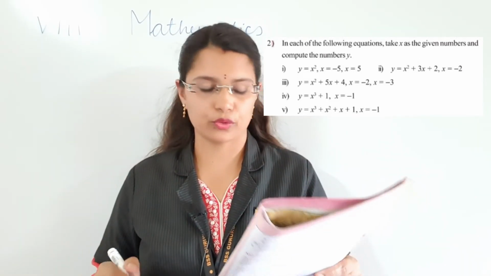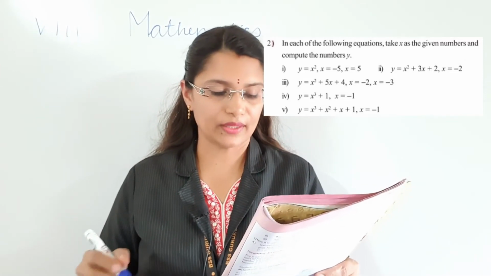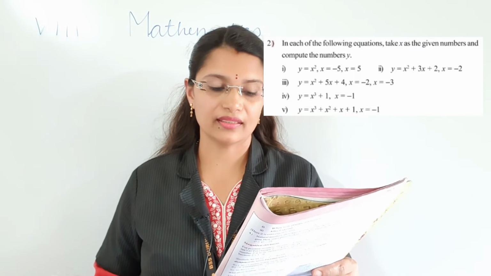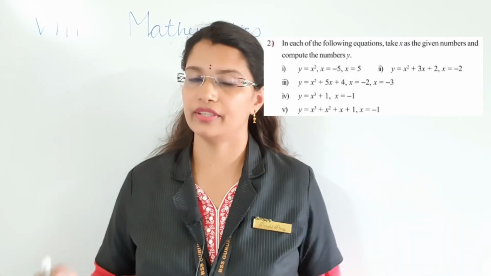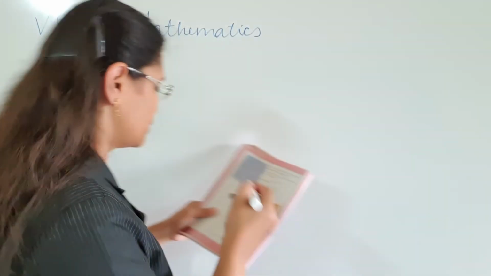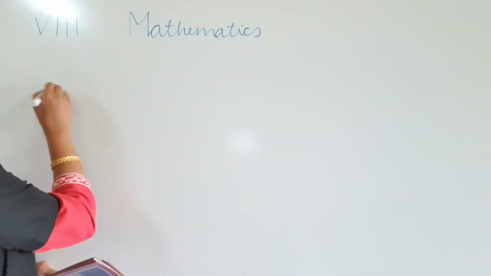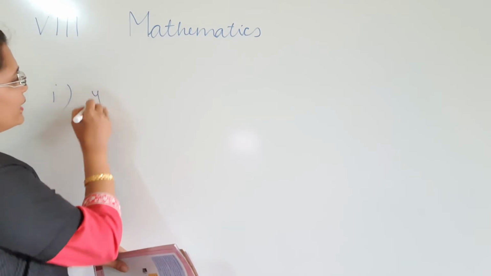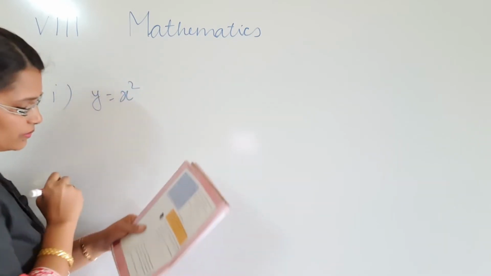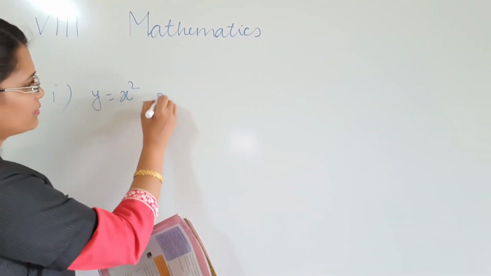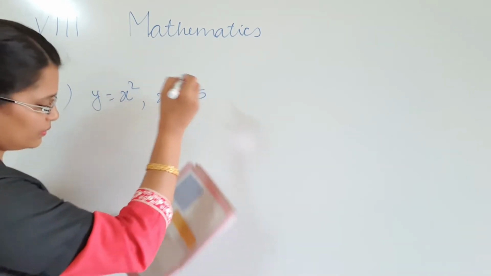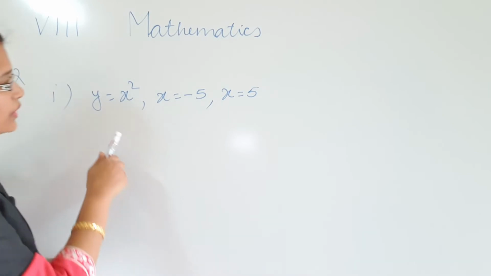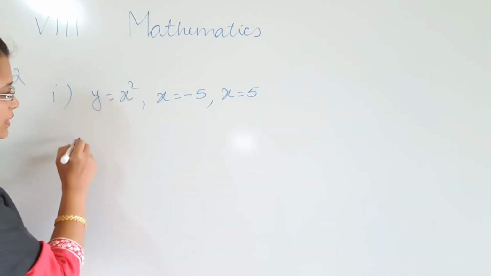The first sub question is y is equal to x square, x is equal to minus 5, comma x is equal to 5. We have to do both. First we are going to do x is equal to minus 5.